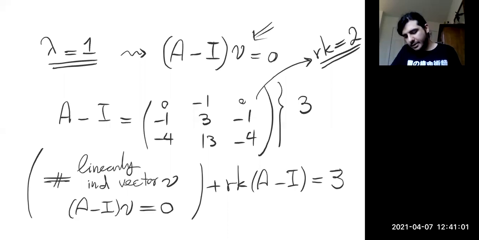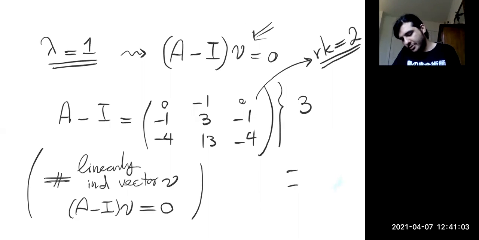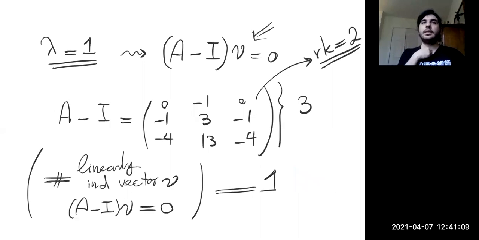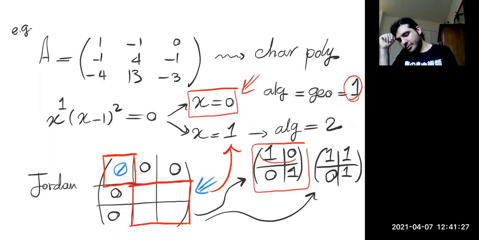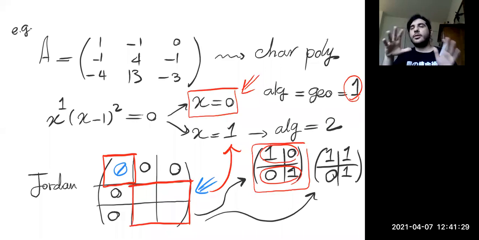So the nullity, or the dimension of the kernel of this matrix, is 1. There is just one linearly independent vector satisfying this property. Okay. Now, the point is that if there were 2 linearly independent vectors, I would have got this one. And each of these things would correspond to an eigenvalue of one of them.